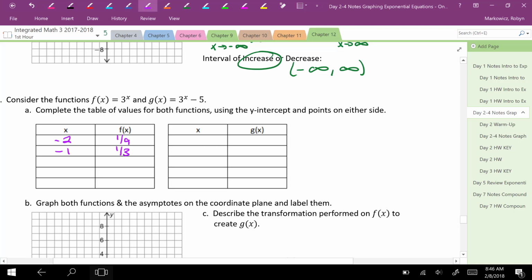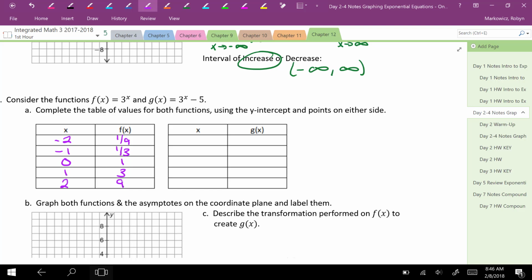You guys remember the table at the top of your page for f of x? Those are the numbers I'm using. 0 would be 1. 1 is 3. 2 was 9. All right, let's take a look here. We're not affecting the exponent. So give me some values that you want to plug into this.